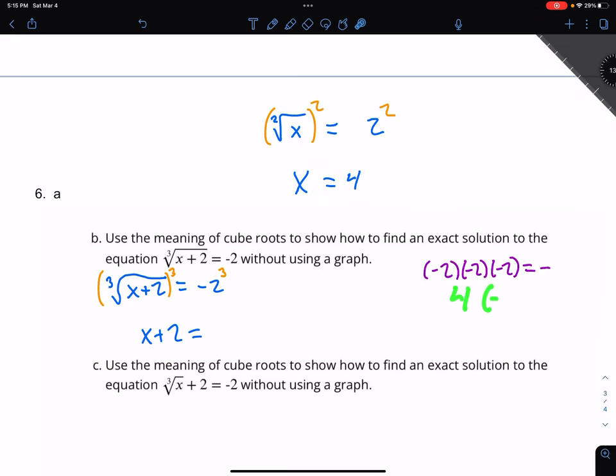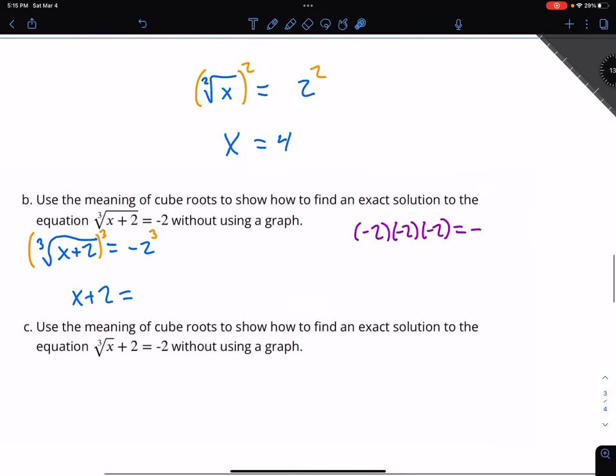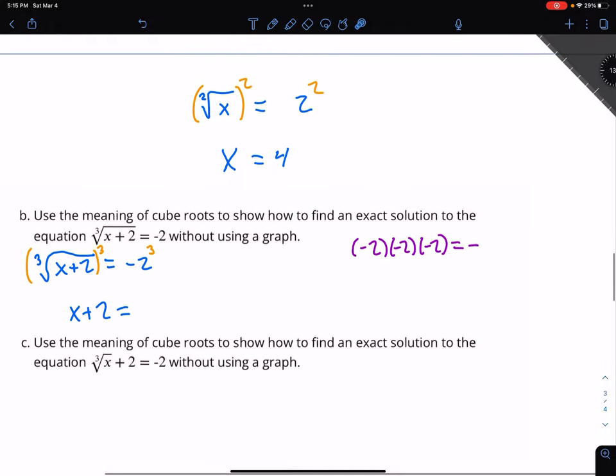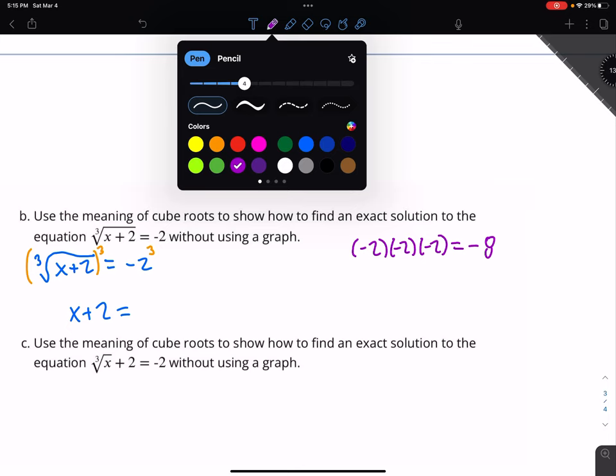Go away, ruler. Times negative 2. Guess what you're going to get? You're going to get negative 8. 2 cubed is 8. Negative 2 cubed is negative 8. So here we go. x plus 2 equals negative 8.